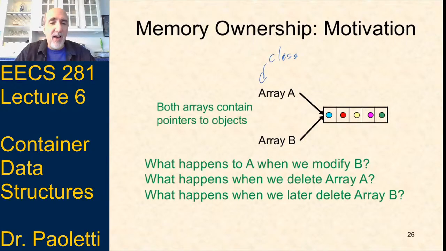If I modify B, A looks like it magically changed even though we didn't change A. If I delete A and I try to access B, I'm accessing memory that nobody owns anymore. If I later decide to delete B, we try to delete that block of memory all over again, and then we are guaranteed to get a runtime error of an invalid double delete. We're deleting something that's already been deleted. So bad things happen if we've got two classes that have ownership of the same object.